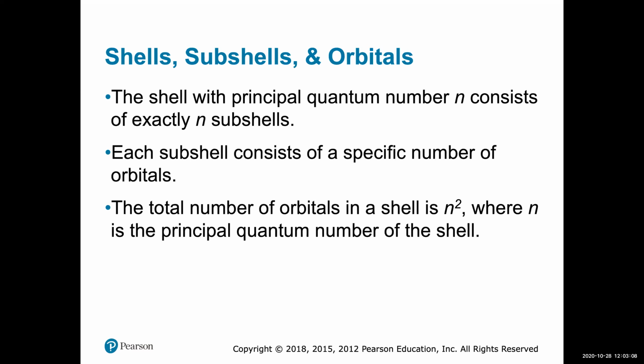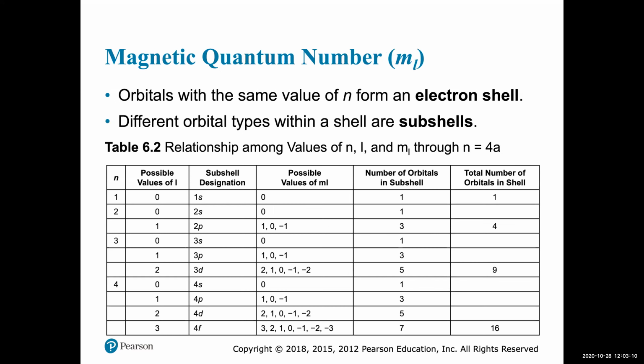So this next slide, this table 6.2, is really going to be a good one for you to become familiar with and be comfortable with. Because what it walks us through here is the n value, and then the subshells for that n value.